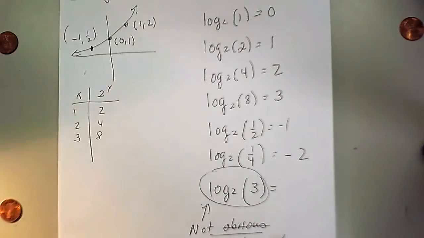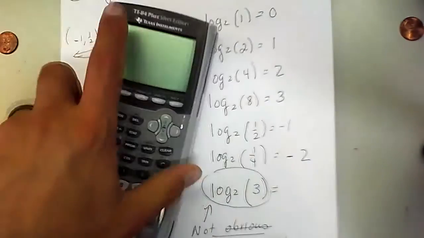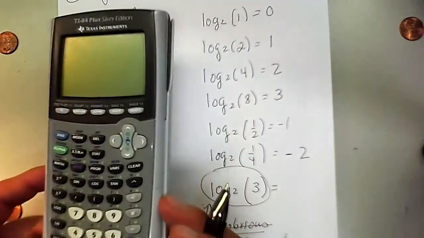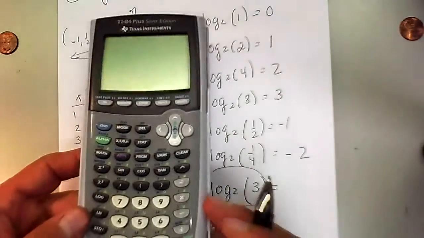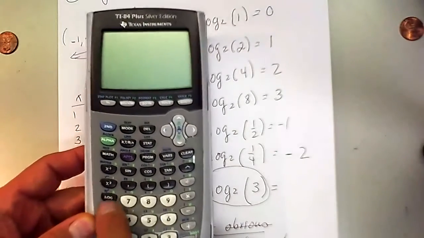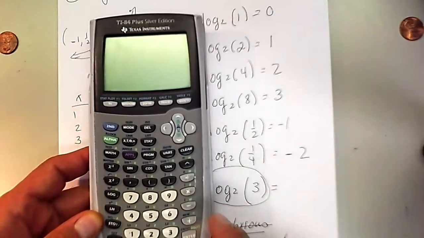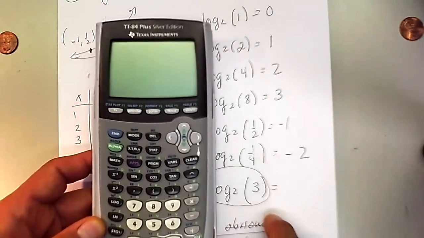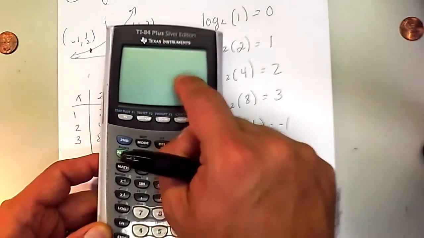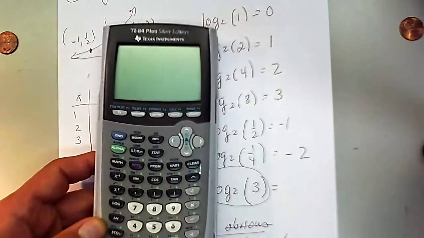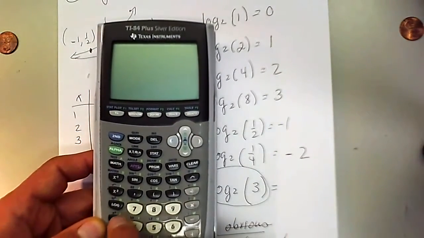Now, if you look at a calculator, we got logarithm keys. This is a logarithm, but this is a natural logarithm. So those are two logarithm keys, but we don't have a logarithm in base 2. So we cannot directly figure out logarithm in base 2. Actually, I'm going to tell you how to do it.